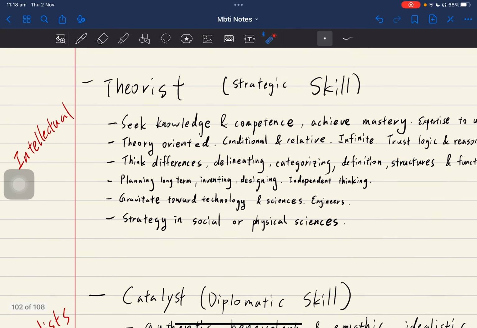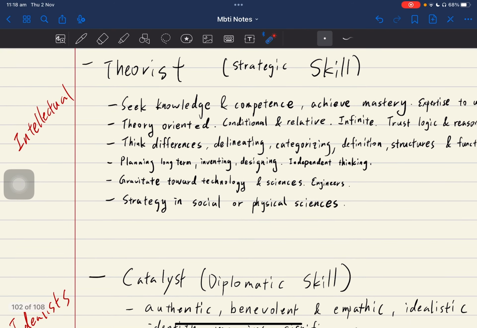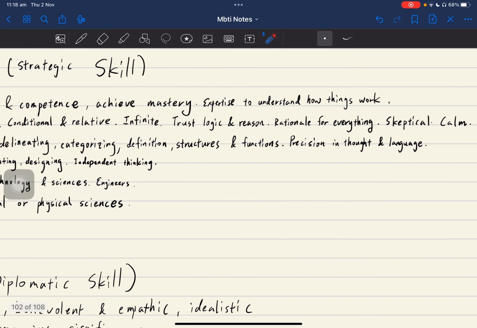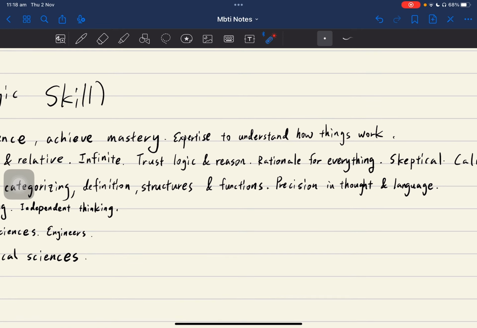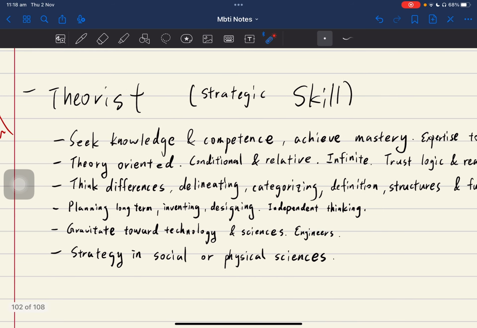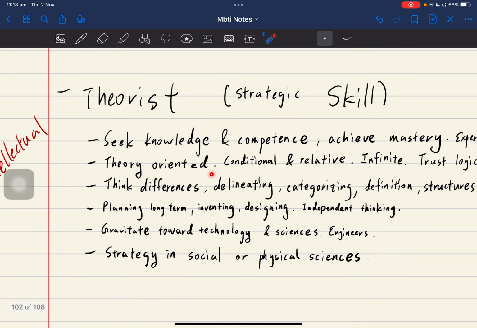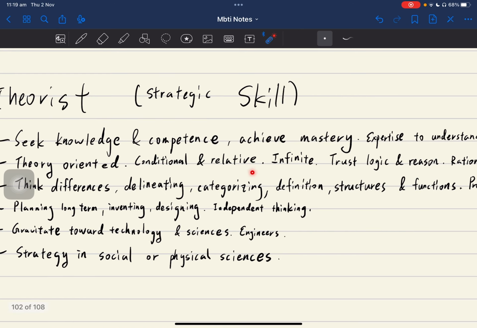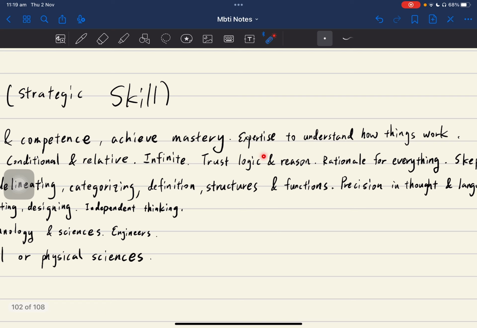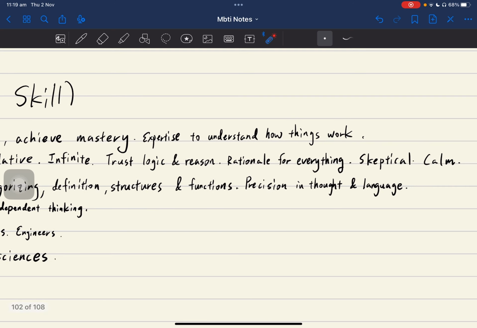So yeah, anyway, seeking knowledge, competence, achieving mastery, expertise to understand how things work, theory oriented, conditional and relative, infinite, trusting logic and reasoning, having a rationale for everything, skeptical, calm.